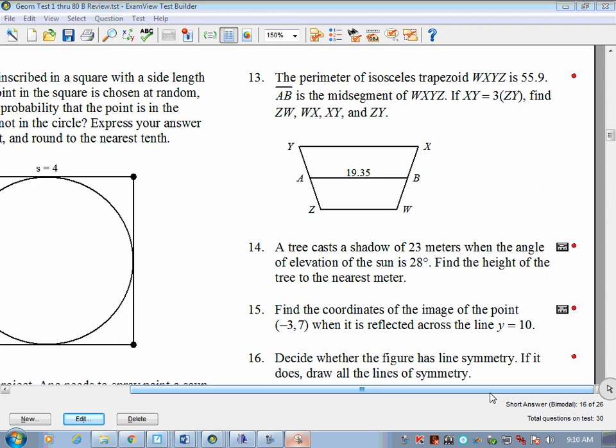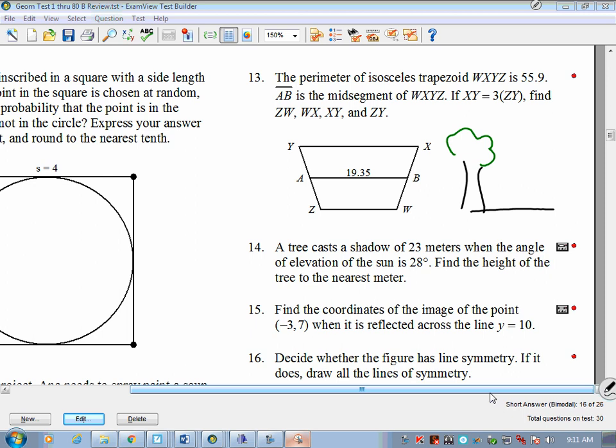14. A tree casts a shadow of 23 meters when the angle of elevation of the sun is 28 degrees. Find the height of the tree to the nearest meter. It's a good question. All right, I'm going to start off by drawing a tree. Does that look enough like a tree for you?